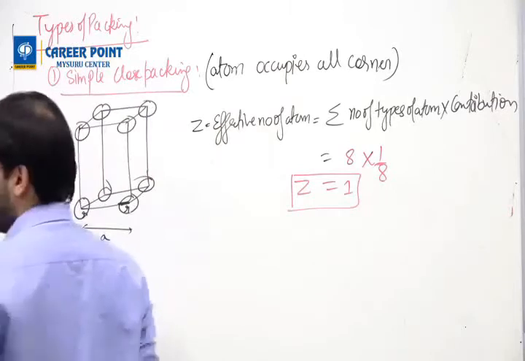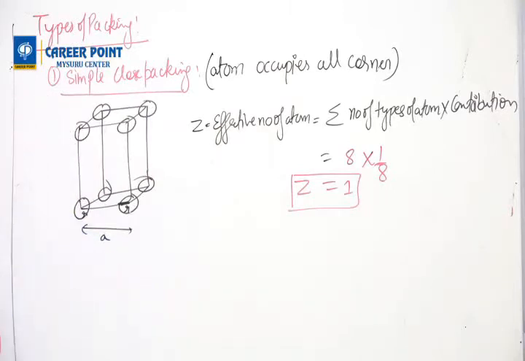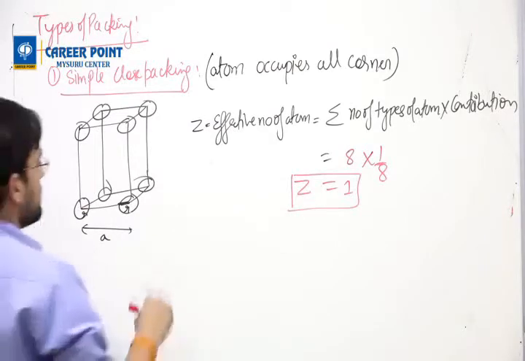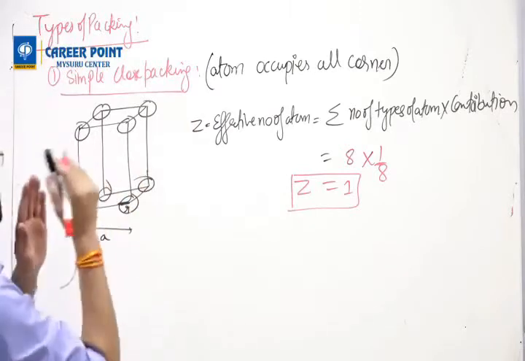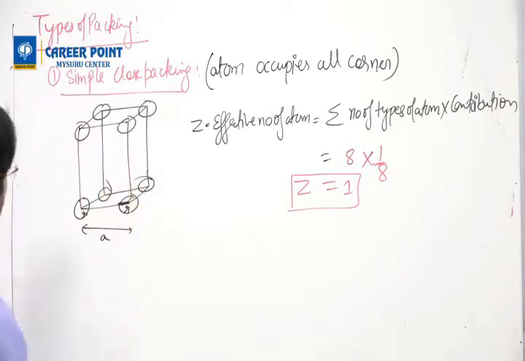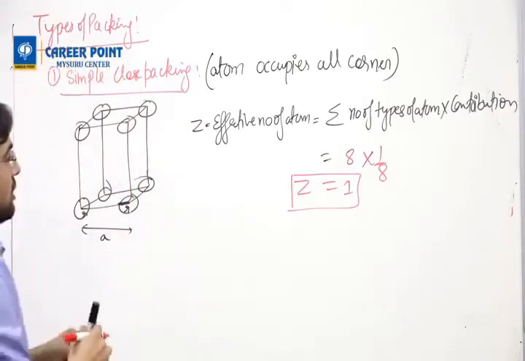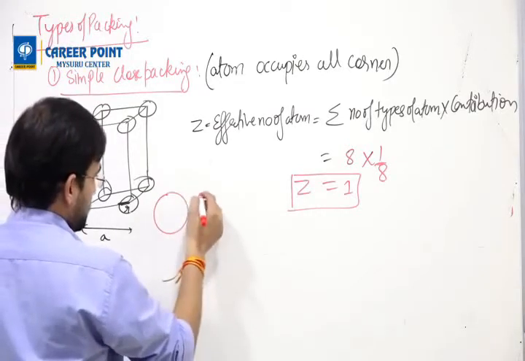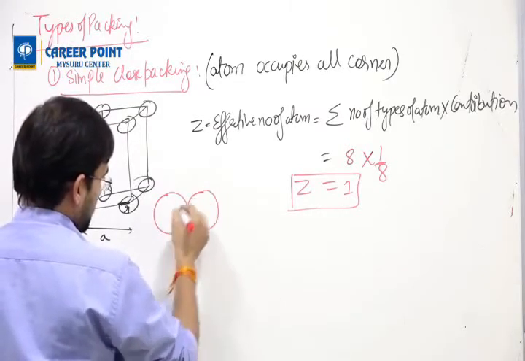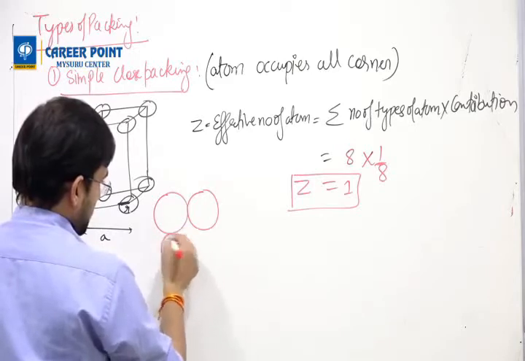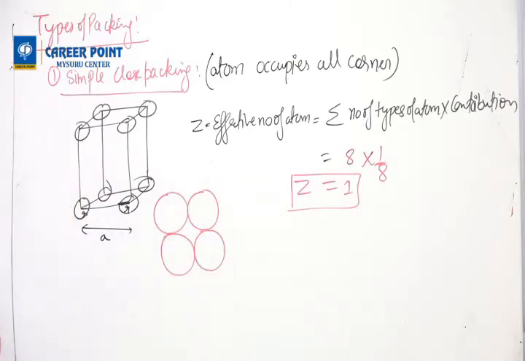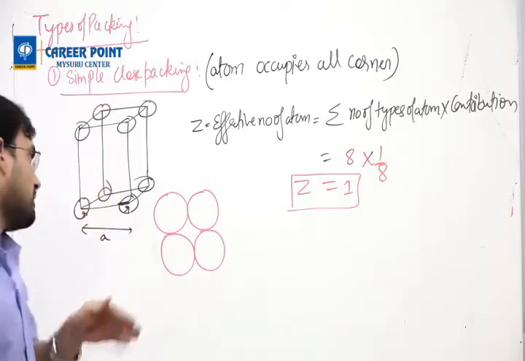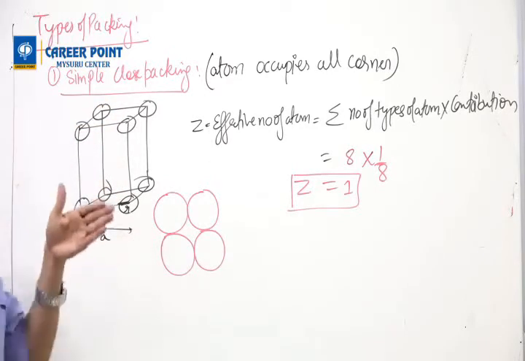Once I do this, then I need to find a relation between R and A. So how are they related? When you see from the top, it looks like this. Four atoms, and there are 4 more atoms at the bottom, behind the board.